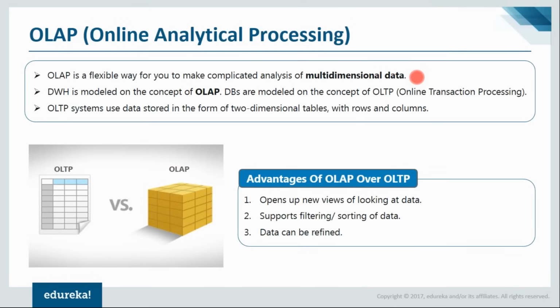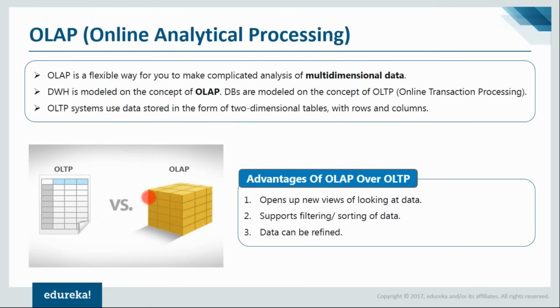All the different tables will be linked with each other, so there'll be different views and different categories of data, and to perform analysis on them you use OLAP activities. You run OLAP queries on that data, and whatever data is stored in your data warehouse is called multidimensional data. The very act of storing it is in the form of OLAP cubes.